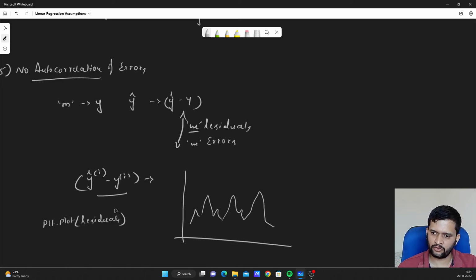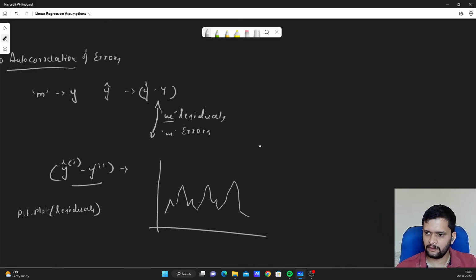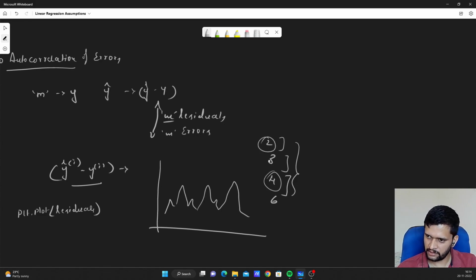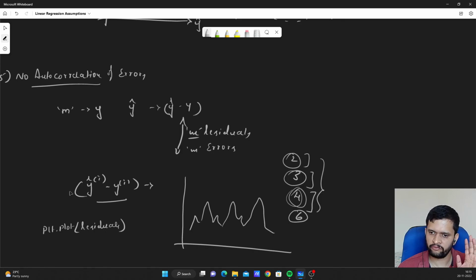There should not be any specific pattern, like, let's say the first error is 2, the second error is the first plus 1, that is 3, the third error is the first plus 2, that is 4, the fourth error is the third plus 2, that is 6. There should not be any such relation between the errors. Each error should be independent. They should not be dependent on any previous or successive errors. So this is what we mean by no autocorrelation of errors.